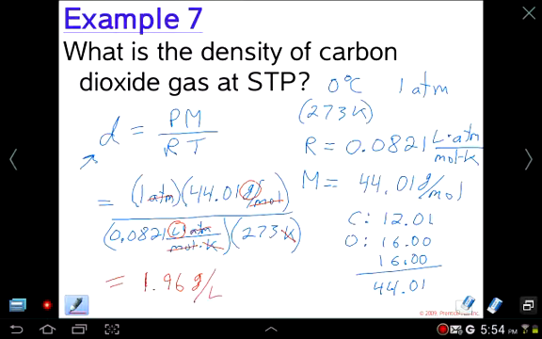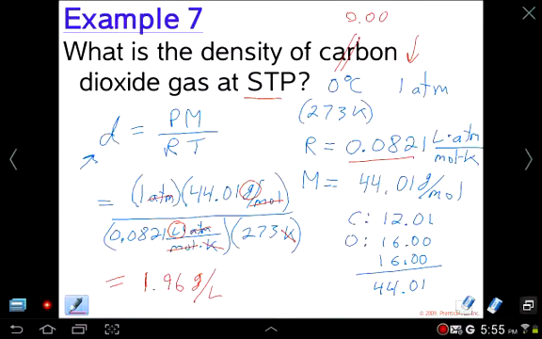Now I realize that the number of significant figures isn't indicated, but standard temperature and pressure essentially give us exact values of 0. So when we say 0 degrees Celsius, we mean 0.00, in a precise manner. And same thing for atmospheres. So in this case, we're limited probably by either the R value or our molar mass value.